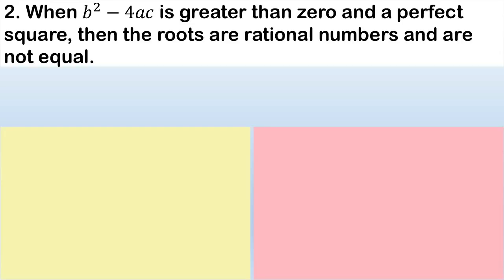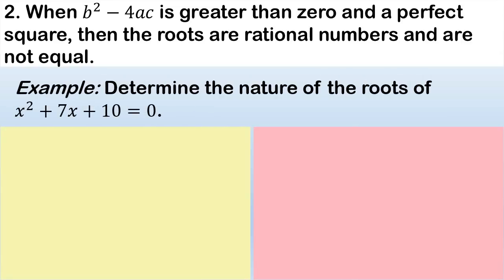Kapag naging mas mataas kay 0 and perfect square ang value ng discriminant, ibig sabihin, ang magiging value ng roots natin or ang value ng x natin ay rational numbers at hindi magkaparehas. Example: determine the nature of the roots of x squared plus 7x plus 10 equals 0.